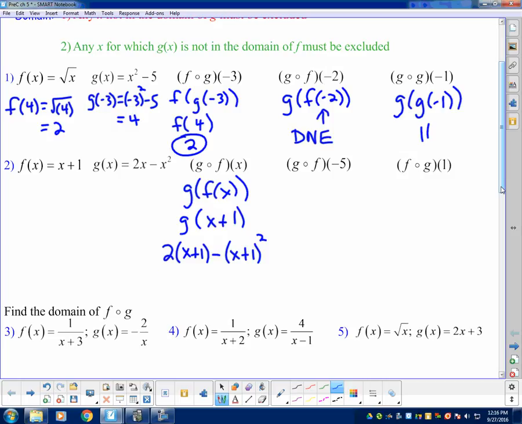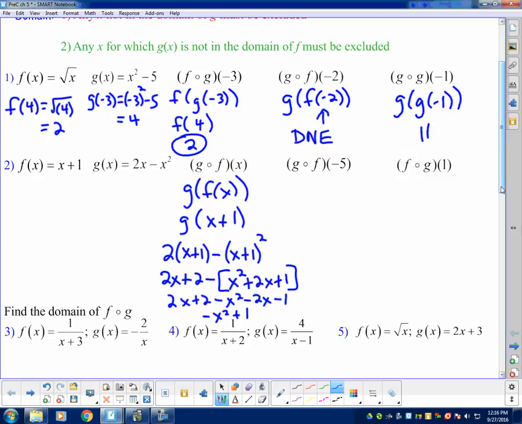So this is 2x plus 2 minus, this will be x squared plus 2x plus 1. And then if I distribute that negative sign, it's 2x plus 2 minus x squared minus 2x minus 1. Negative x squared plus 1. That's my final answer.